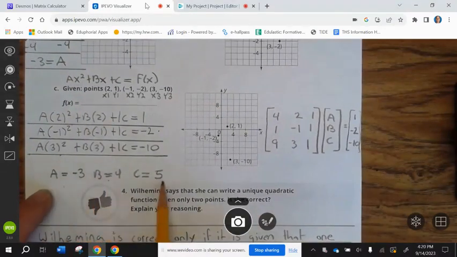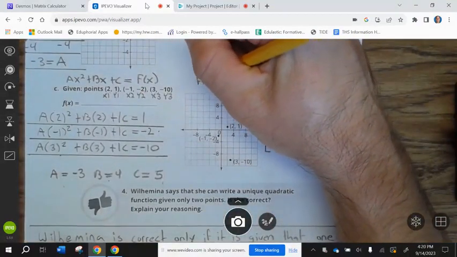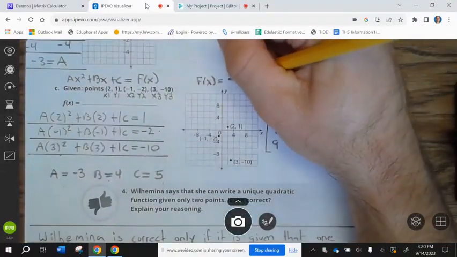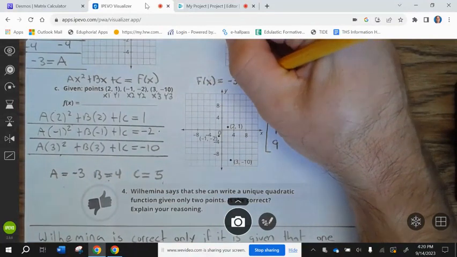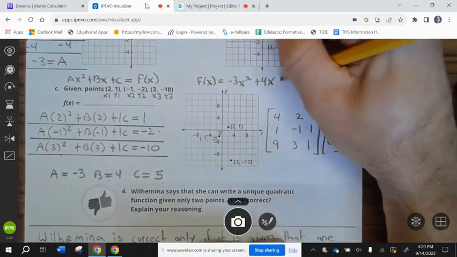Now that I have A, B, and C, I plug it into here. So f of x equals negative 3x squared plus 4x plus 5.